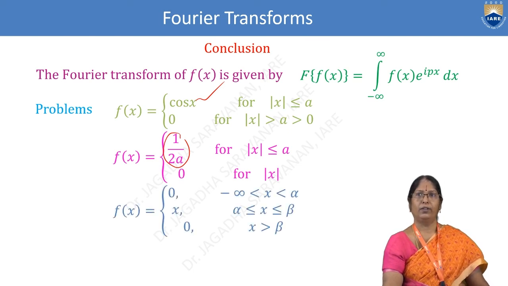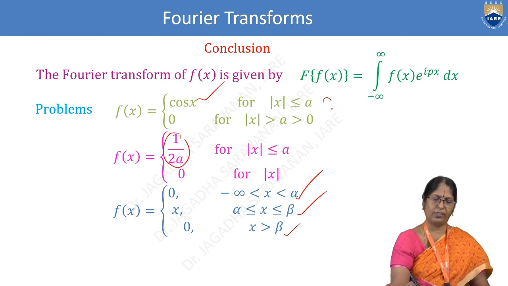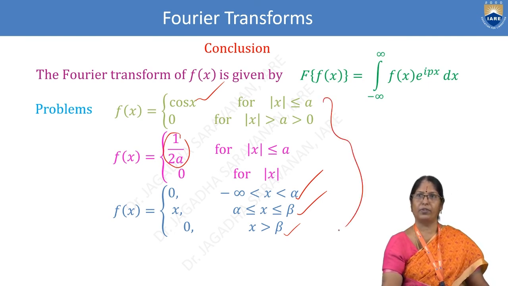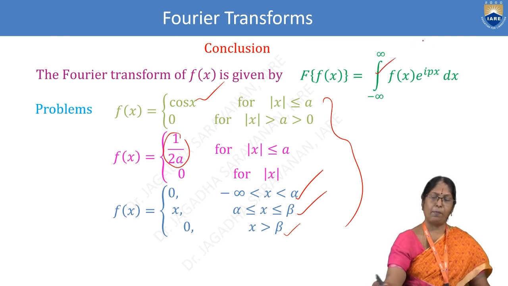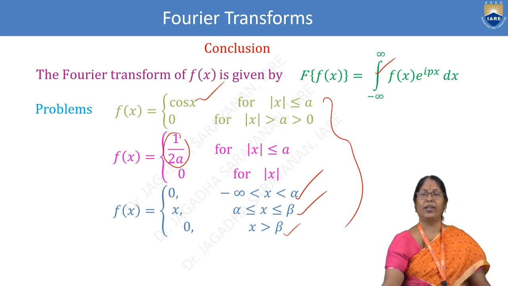Third one, where x lies between minus infinity to alpha, x lies between alpha to beta, and x is greater than beta, that is from beta to infinity. All these three problems, how this formula minus infinity to infinity fits according to our problems, is discussed in detail.